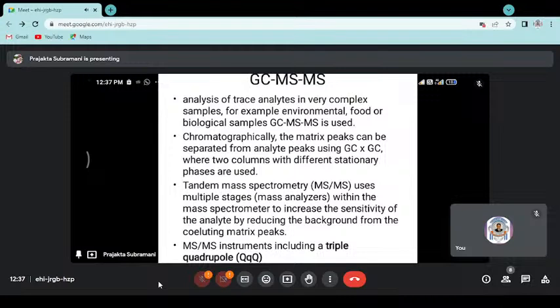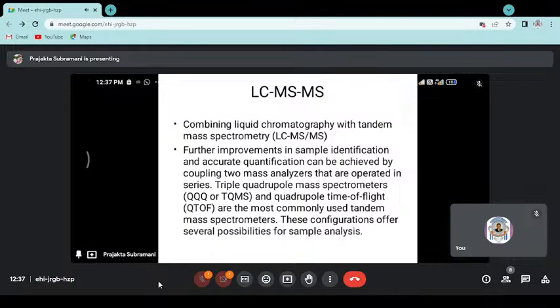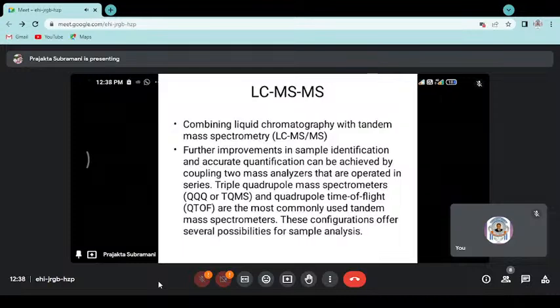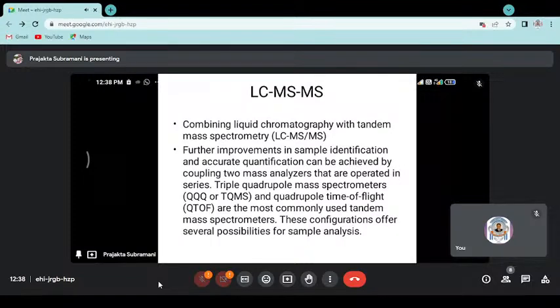The next hyphenated technique like GC-MSMS is LC-MSMS. It combines liquid chromatography, generally an HPLC system, with tandem mass spectrometry. Further improvement in sample identification and accurate quantification can be achieved by coupling two mass analyzers that are operated in series. This tandem mass spectrometry is a coupling of two mass analyzers operated in series.